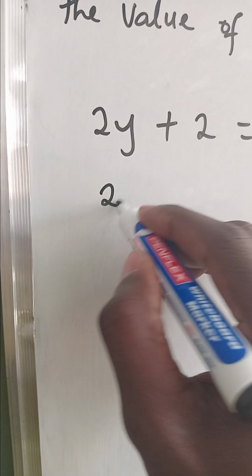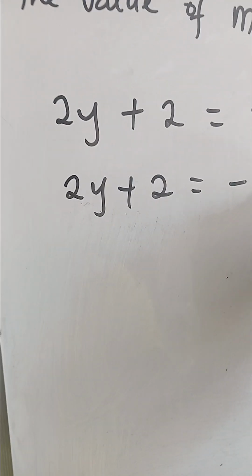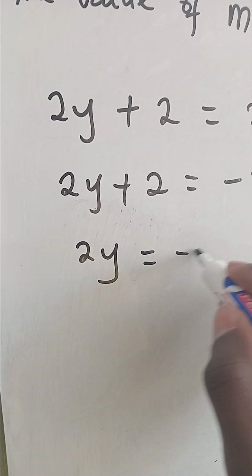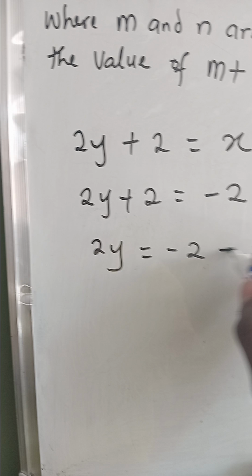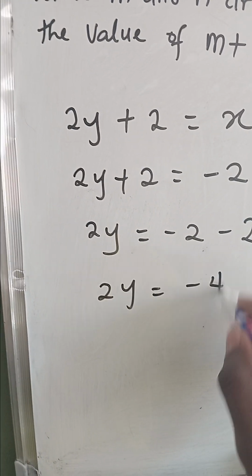So meaning I have 2y plus 2 equals minus 2. When 2 comes to the other side by collecting like terms, I have minus what? 2. So I have 2y equals minus 4.